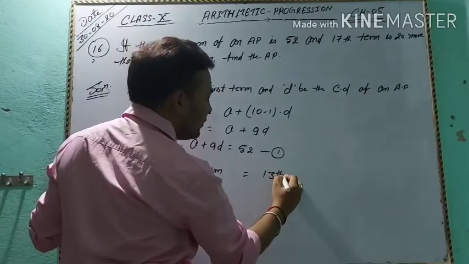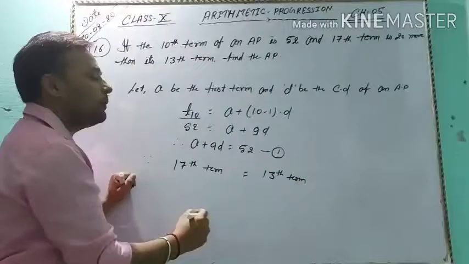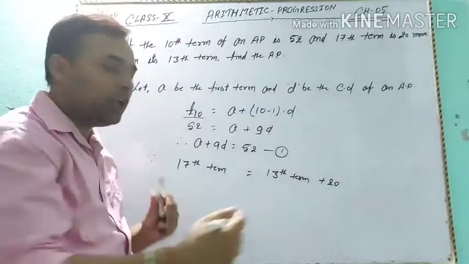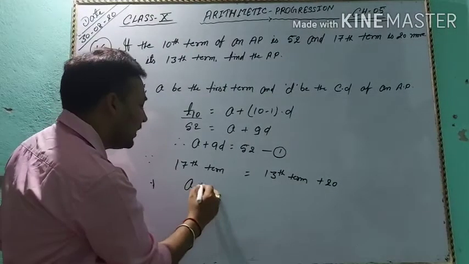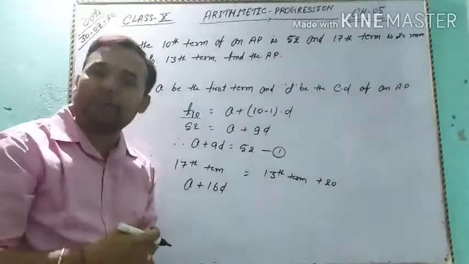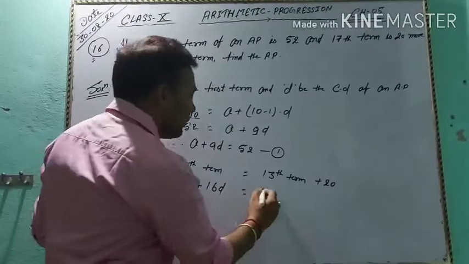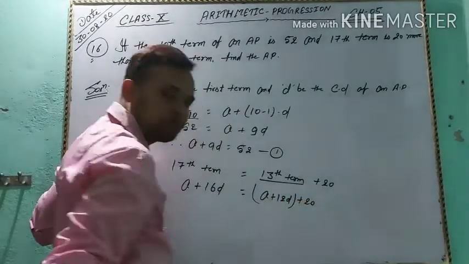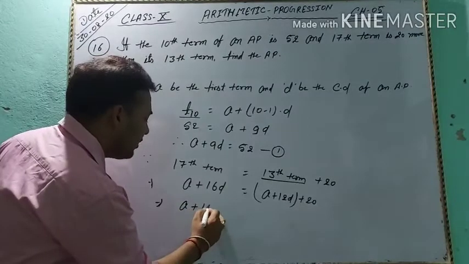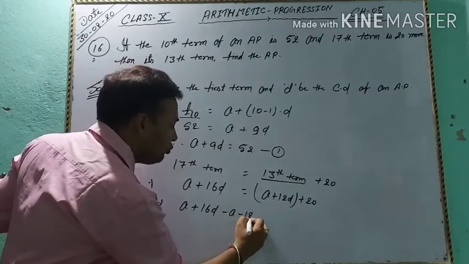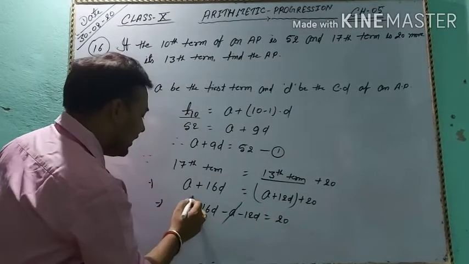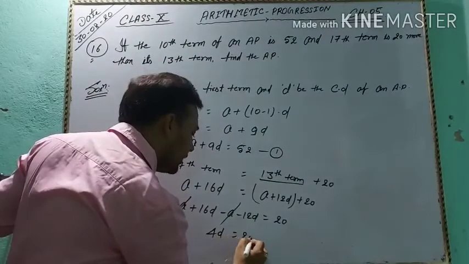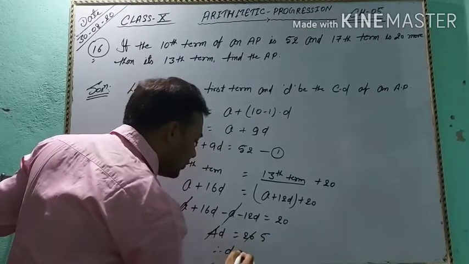So students, if we add 20 to the 13th term, it will be equal to the 17th term. We can write the 17th term as A plus 17 minus 1 into D, that is A plus 16D, equal to the 13th term A plus 12D plus 20. So A plus 16D minus A minus 12D equals 20. A cancels A, 16D minus 12D is 4D. 4D equals 20, so D equals 5.